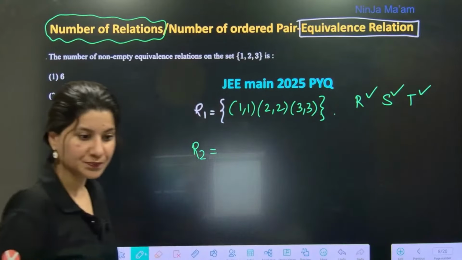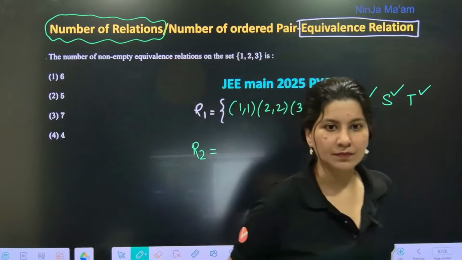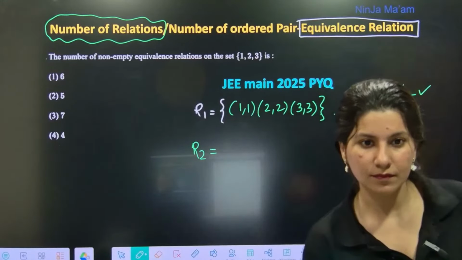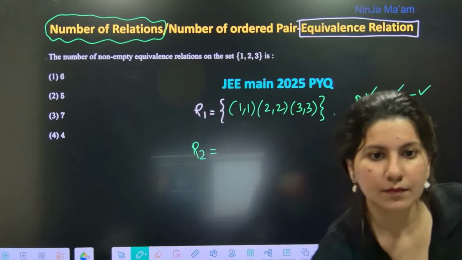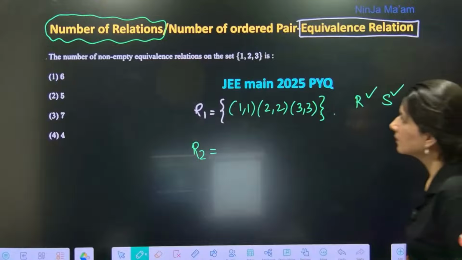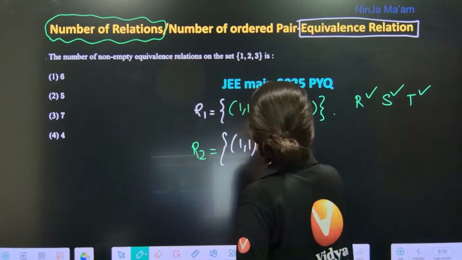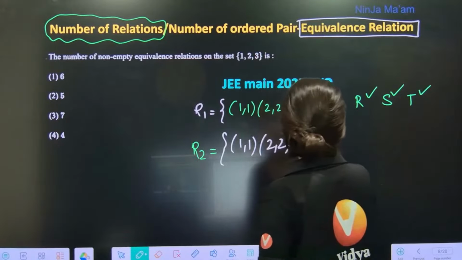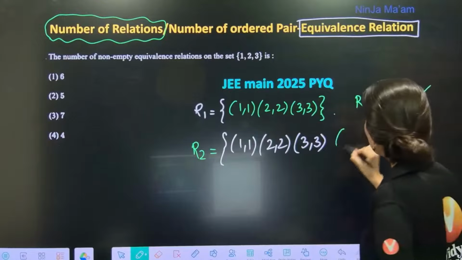Now R2. R2 will again have (1,1), (2,2), (3,3). Now let's add one more ordered pair. Let's add (1,2).